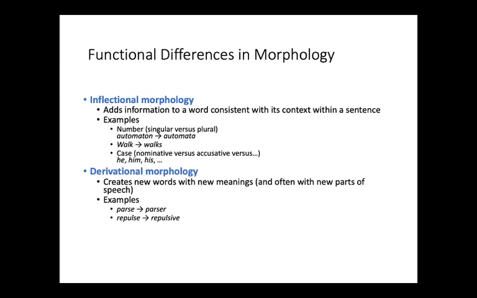You want to get rid of inflectional morphology, right? Because that just makes different forms of the same word. But derivational morphology can change the meaning of a word. And you don't want words that are completely different in meaning or that are substantially different in meaning. You want to search for different forms of the same word. So this is an important distinction.